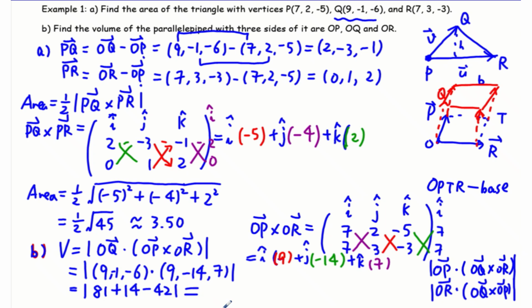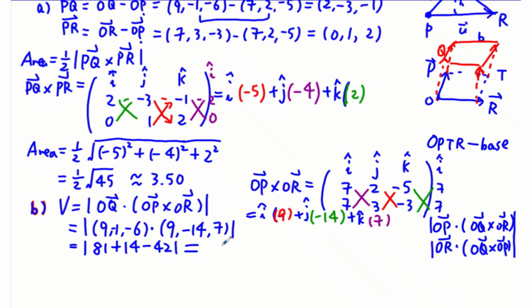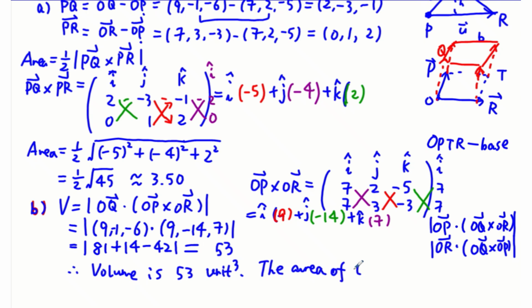Then we only need the positive number, so it gives us 53. So now we know the volume is 53. We don't have the units, you could write units cubed. And the area of the triangle PQR is 3.5 units squared.